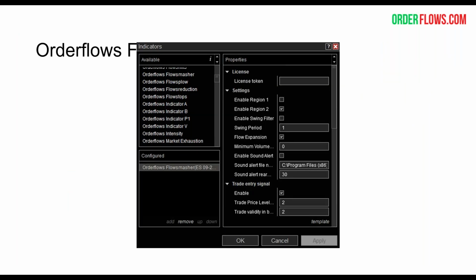And as serendipity would have it, I was just looking at it from one angle, but then once we were able to put it down into an indicator, well, I was doing it anyway. One is the flow expansion, which is this other setting down here, which would expand the region a little bit, right?